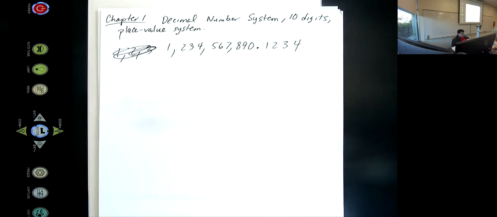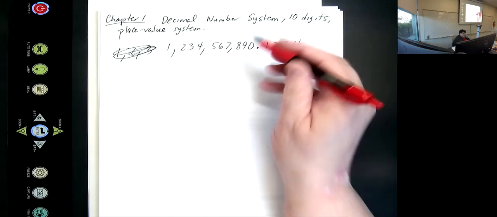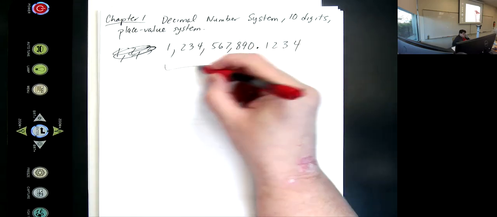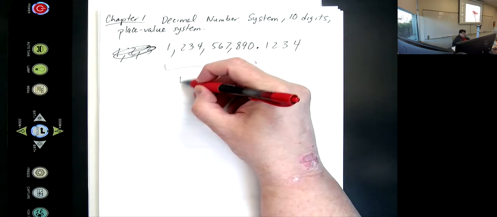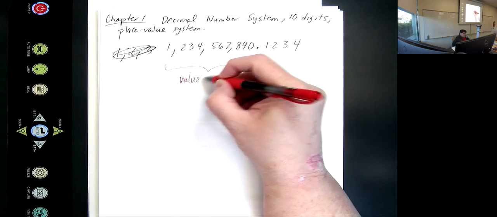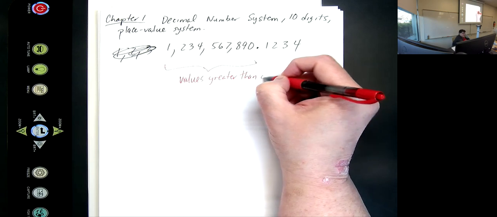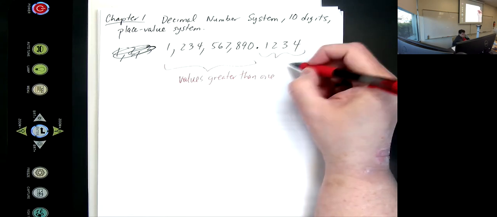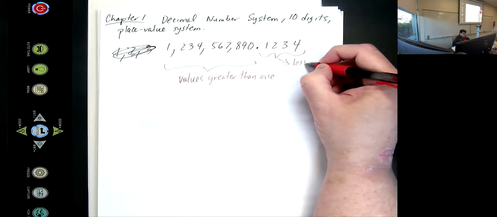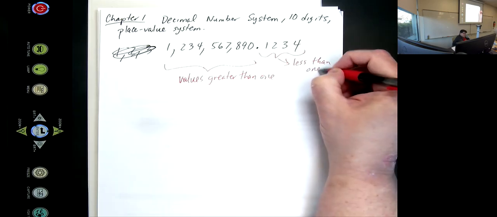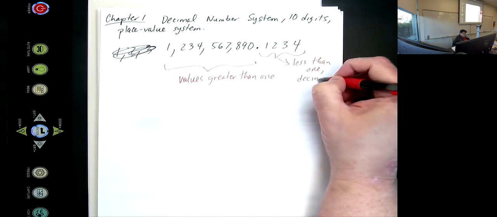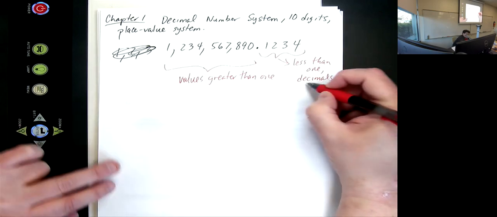Everything to the left of the decimal indicates values greater than 1. And over here are values less than 1, decimals or fractions, as we'll see how to convert those.